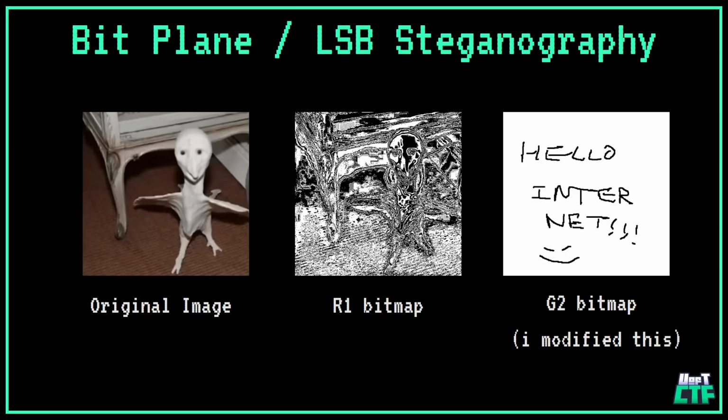The R1 bitmap is the normal thing that you would see, and then the green 2 bitmap is the thing that I modified. But you can see that it doesn't really impact the original image a lot, because it's only the lower bits of the green channel. That doesn't really change the green in the image a lot.